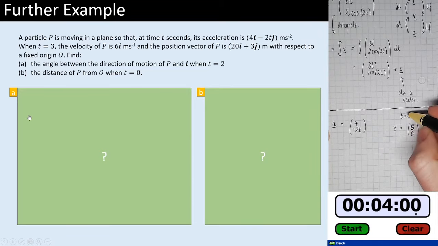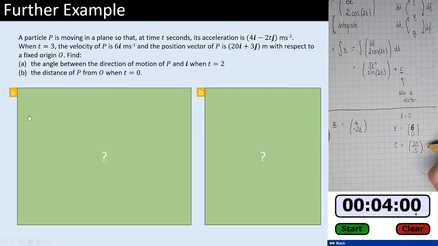And when t is 3, our position vector, which we normally use the letter r for, is 20i and 3j. To check I've not mixed anything. Nope, don't think so. So we want to find the angle between the direction of motion of P and i when t is equal to 2.